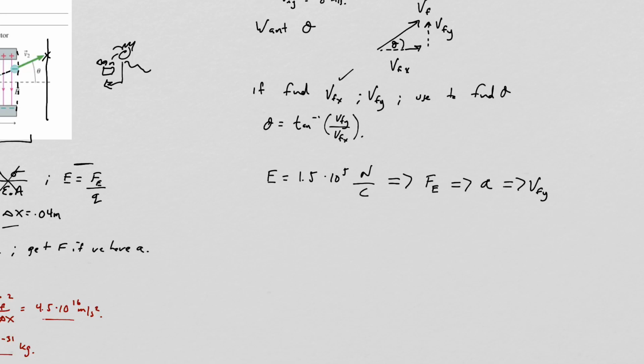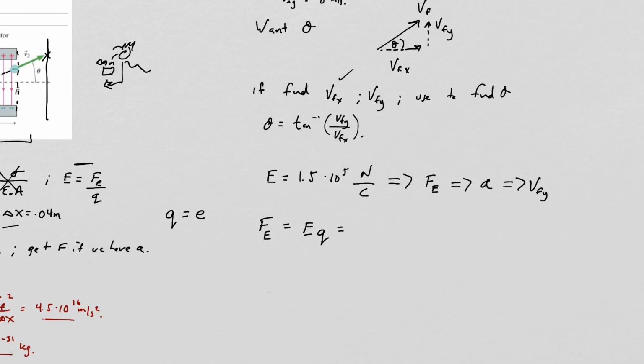Okay, let's finish the job then. So, if we dive right in, we can use that electric field to find the electric force, which would be the electric field times the charge. And again here, remember that charge is the charge of the electron.